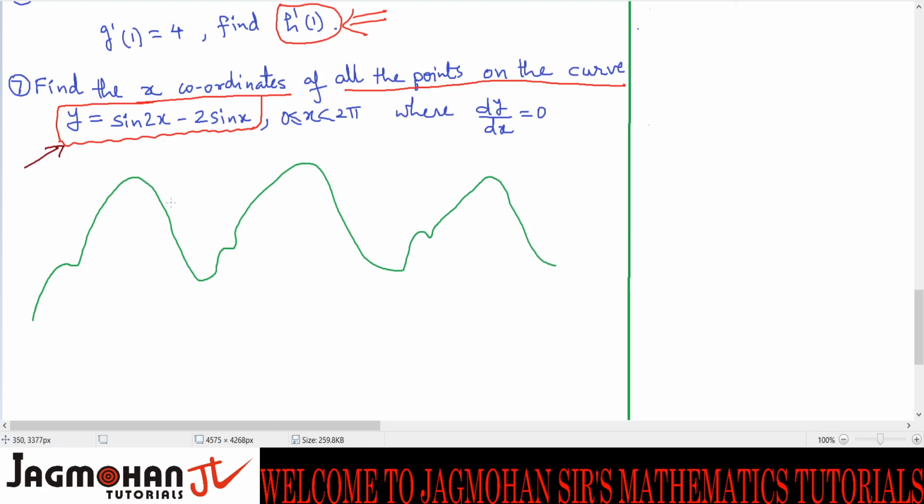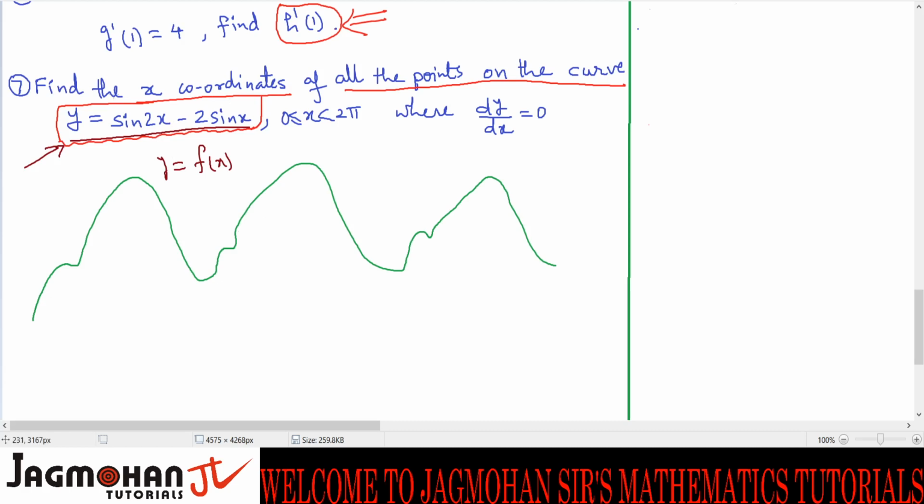Remember, students, any equation which is given in the form y equals to f of x, like here you are given y equals to sine 2x minus 2 sine x, will definitely represent some curve. So this is the curve of this equation. It may not be true, I'm just giving you an idea.